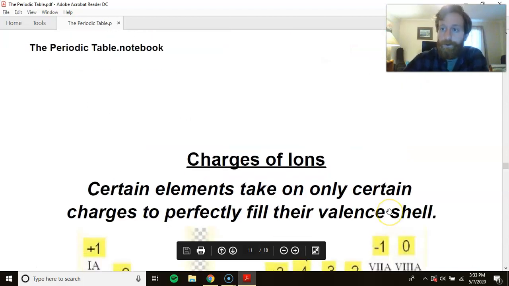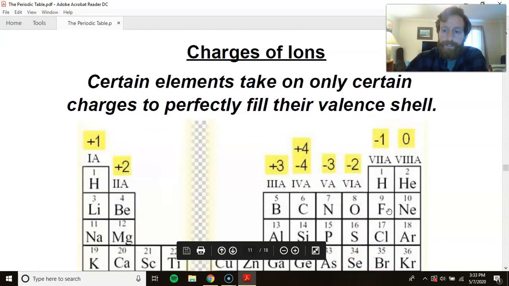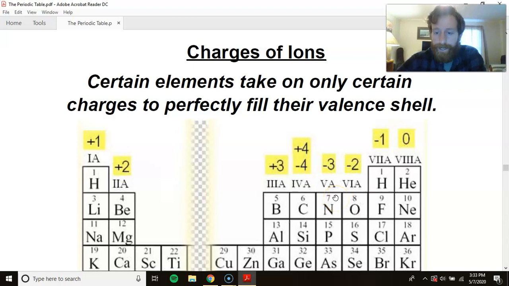So when you go through ionization, when you lose or gain electrons, you form an ion. And if everybody's doing it to try to get to their nearest noble gas, what that means is certain elements, depending on their location in the periodic table, will have to lose or gain a certain amount of electrons.